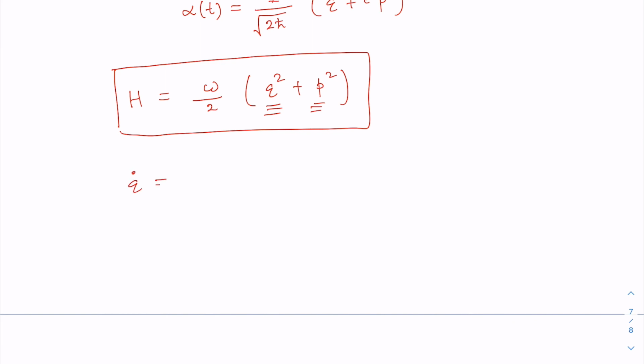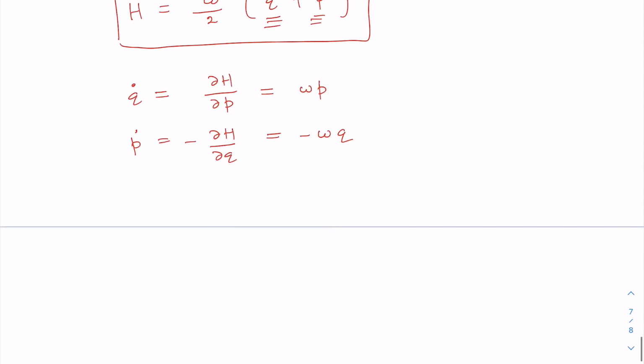Hamilton's equations of motion for q and p are as follows: q dot is equal to del H del p, and p dot is equal to minus del H del q. So you can immediately write q dot is equal to omega p, and p dot is equal to minus omega q. Let us say this is equation 1 and this is equation 2.